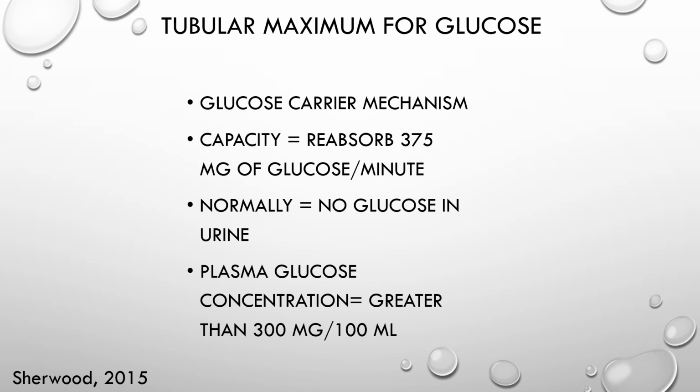Therefore, before the amount filtered exceeds 375 milligrams per minute and glucose begins to leak into the urine, the plasma glucose concentration must be greater than 300 milligrams per 100 milliliters, which is more than 3 times normal.